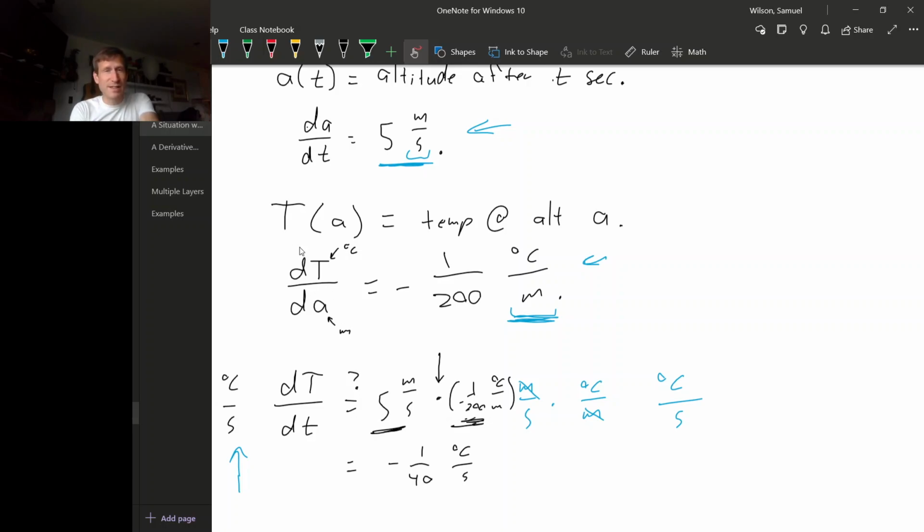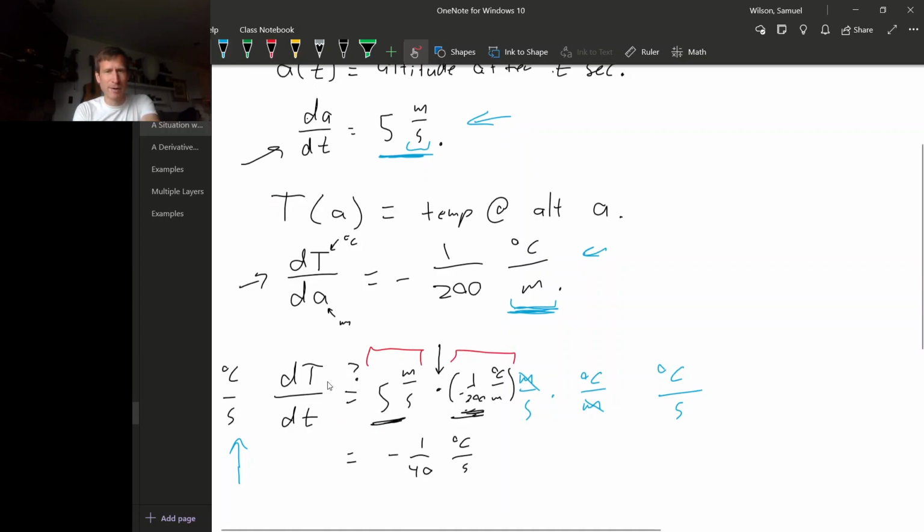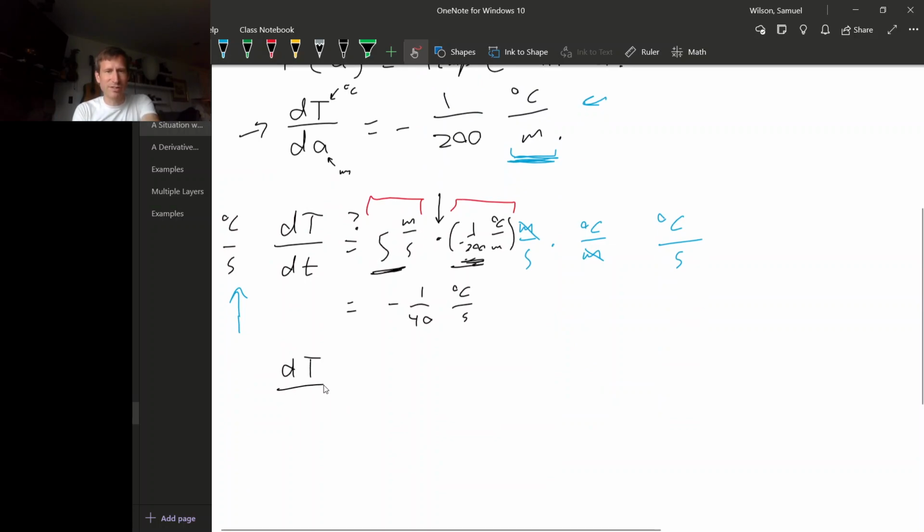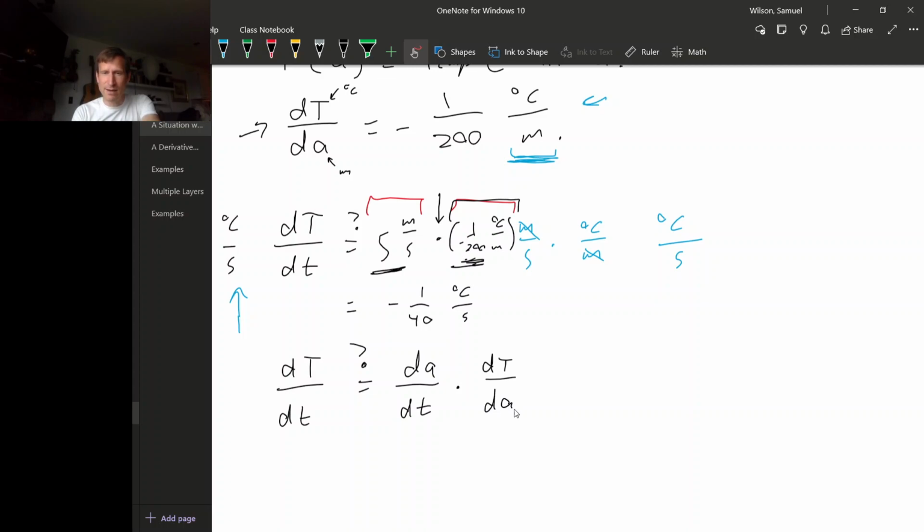Now, if we write these rates of change using the symbols that we came up with, what we get is dT/dt. We think that this is 5 meters per second, that was our value for dA/dt, times -1/200 degrees Celsius per meter, that was our value for dT/dA.